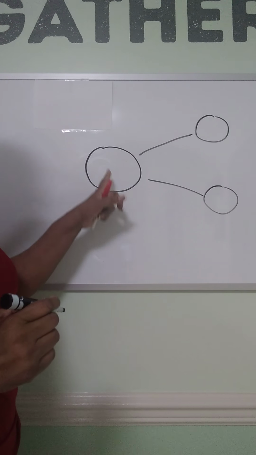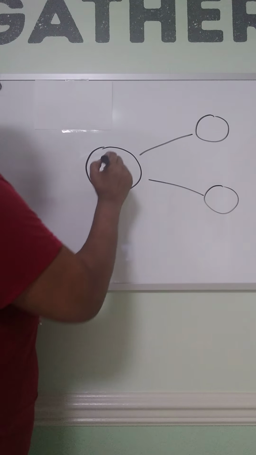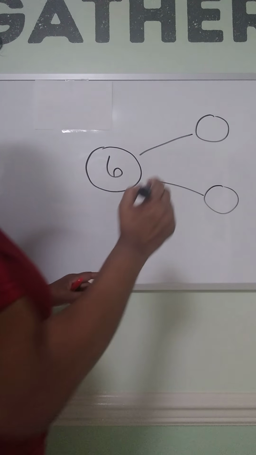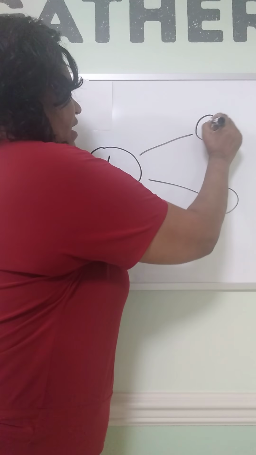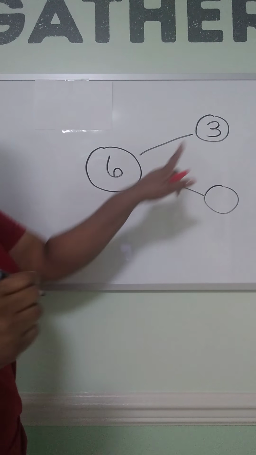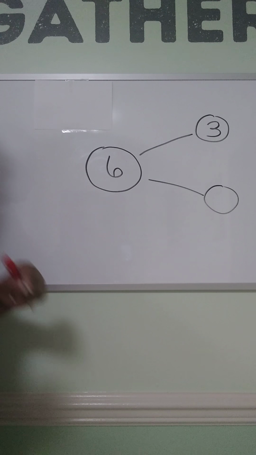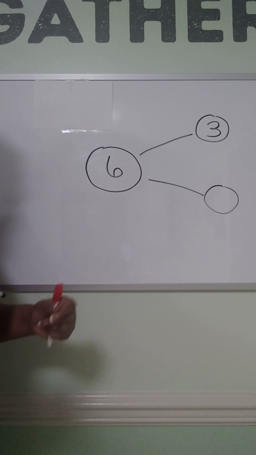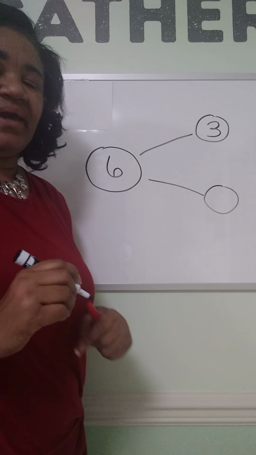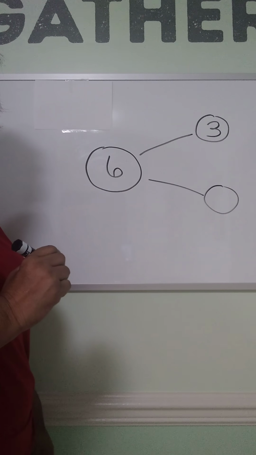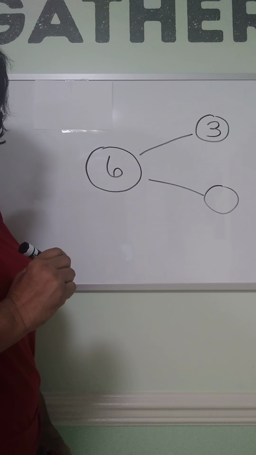Let's use the whole number 6. Okay? I'm going to put a 3 in the top circle. So now I want you to take a few minutes and see if you can complete the number bond. Give you a few minutes.